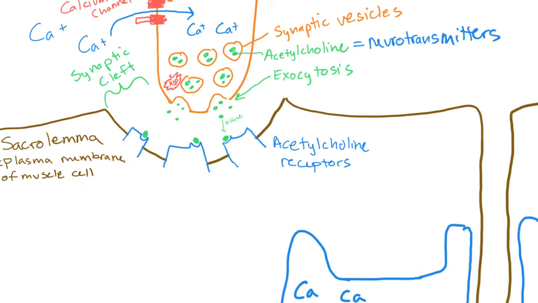So these acetylcholine receptors are also chemical regulated gated channels. What does that mean? That means once the chemical is there, then the gate swings open.